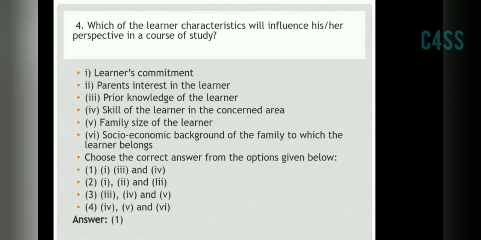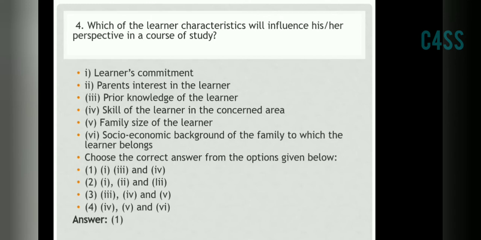Which of the learner characteristics will influence his or her perspective in a course of study? Options: learner's commitment, parents' interest in the learner, prior knowledge of the learner, skill of the learner in the concerned area, family size of the learner, socio-economic background of the family to which the learner belongs.